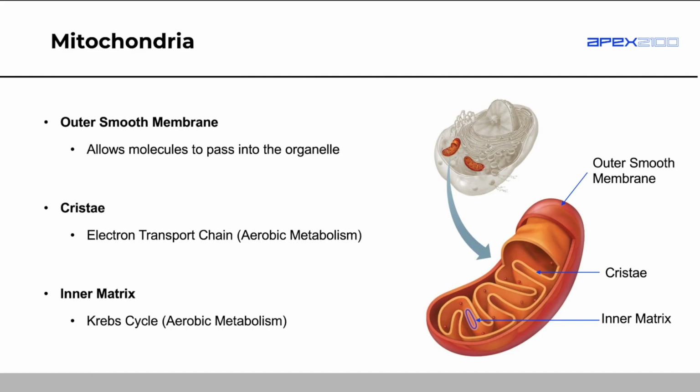Again, the Krebs cycle, just like the electron transport chain, is a very important part of aerobic metabolism. So remember, anaerobic metabolism occurs in the cytoplasm. Aerobic metabolism occurs in the mitochondria, with different parts of aerobic metabolism taking place within different areas of the mitochondria. Electron transport chain in the cristae and the Krebs cycle within the inner matrix.